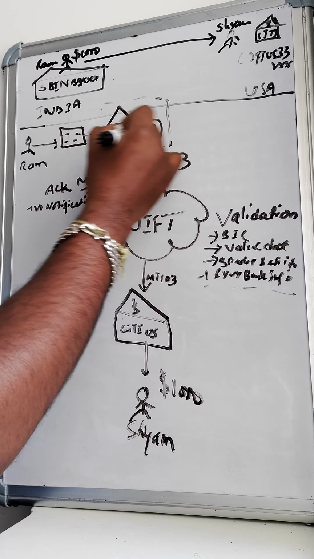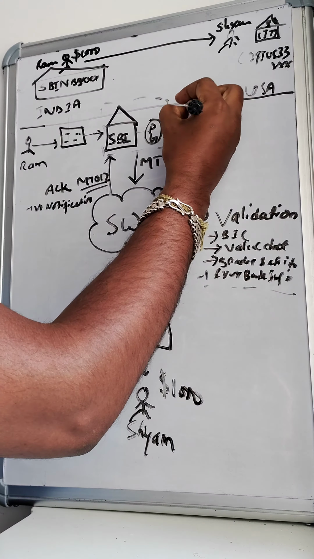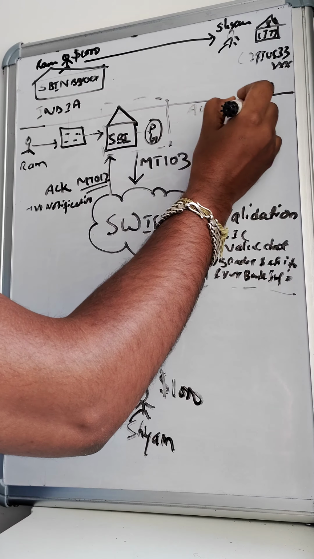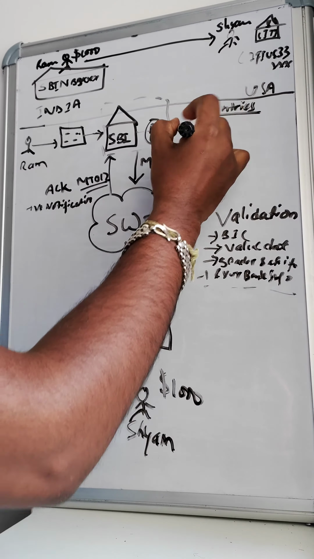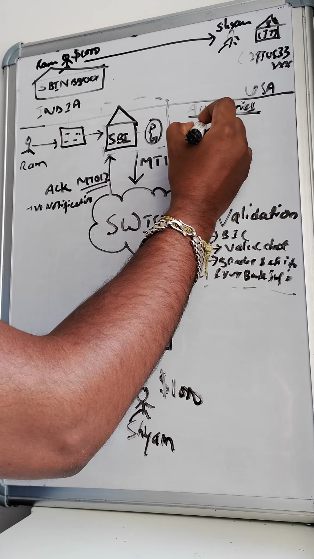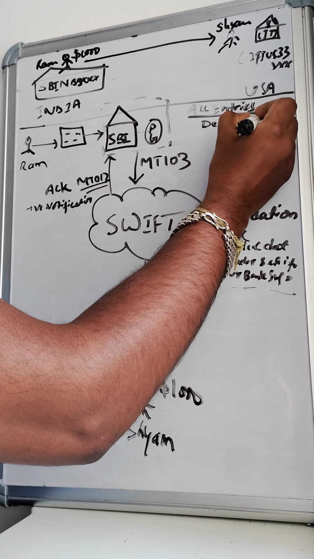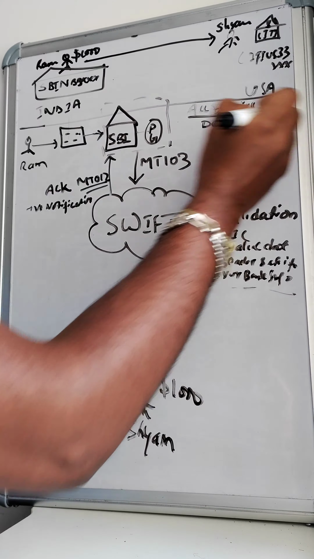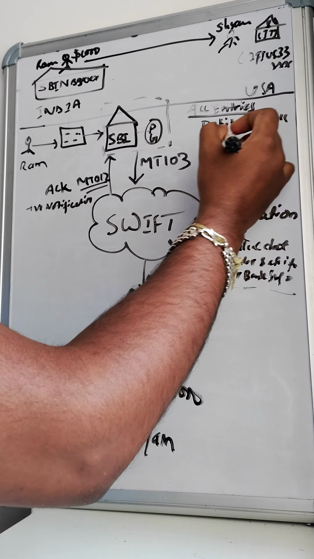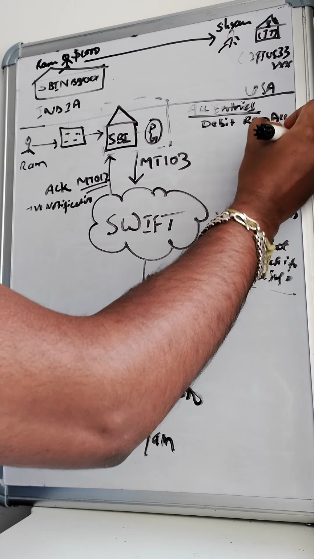So what happens at the SBI end, let me write these accounting entries. SBI will debit Ram's account, right? And it will debit in what amount? It will debit in Indian national rupees, right?